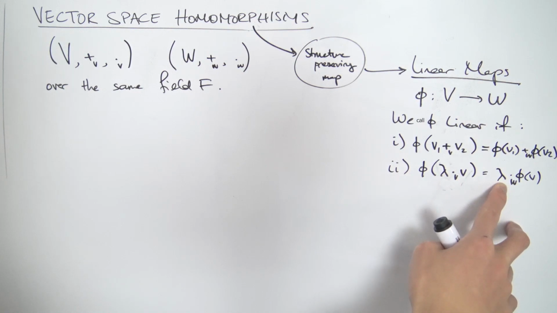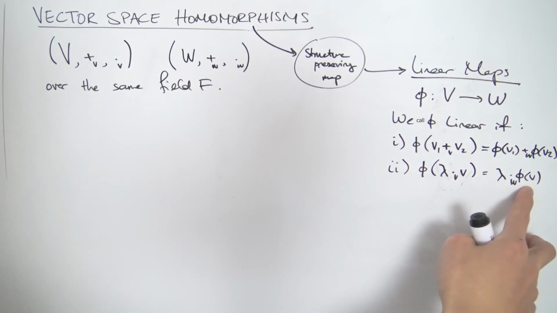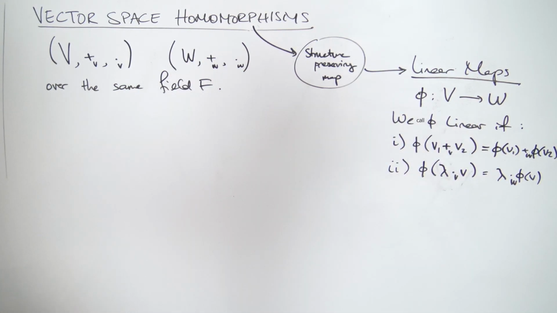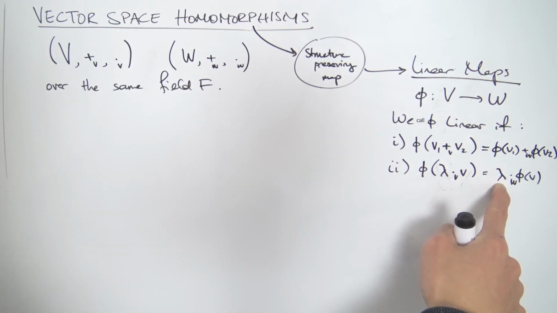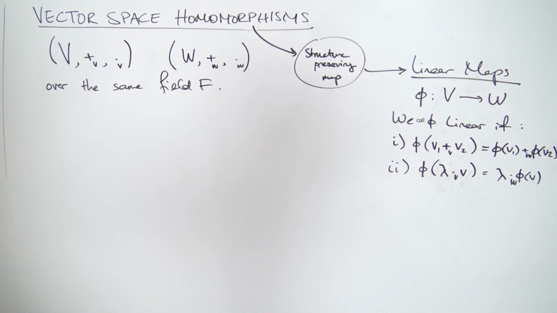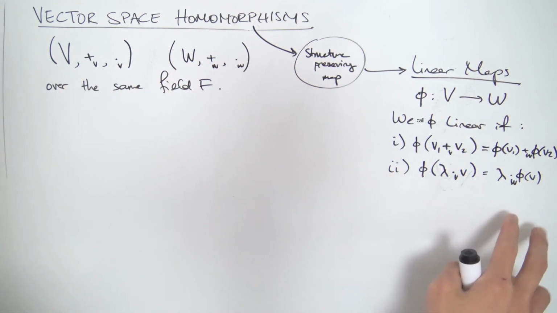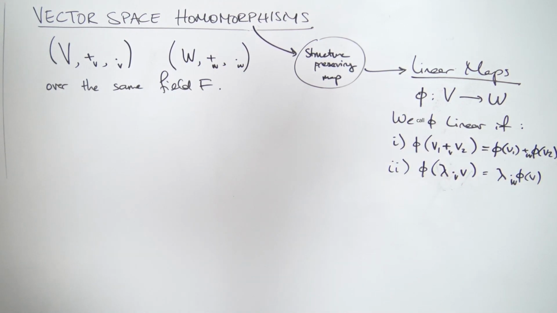Now we have a scalar multiplication with W. But if phi of V is an element of W, that means you can only scalar multiply by elements in the field F2, because let's say F2 was the field of W. But that's a problem because we already know lambda is from the field F1, and you can't multiply elements over different fields without adding even further structure, which we don't want to do. So it does make sense that these two vector spaces must be over the same field, so that we don't have any problems with the scalar multiplication.